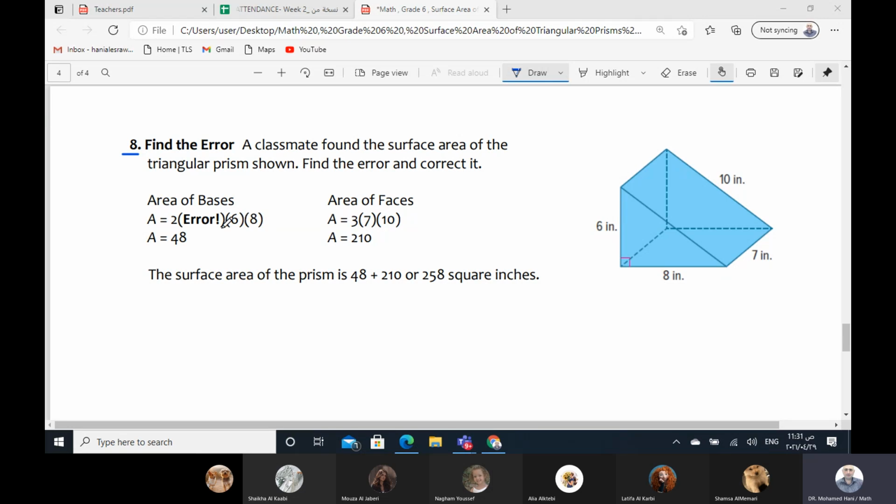Right. What is the error here? Who can tell me what is the error? You have a missing value here. What is the missing value? 10. Why 10? No, sorry, not 10.